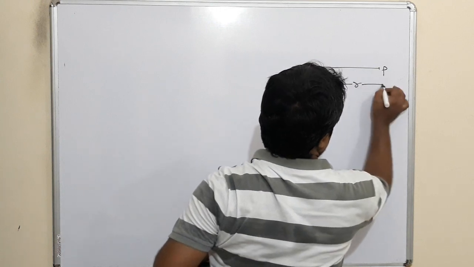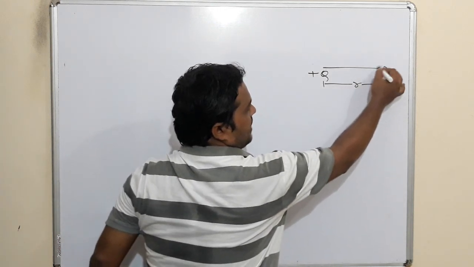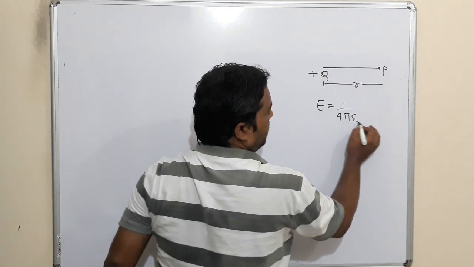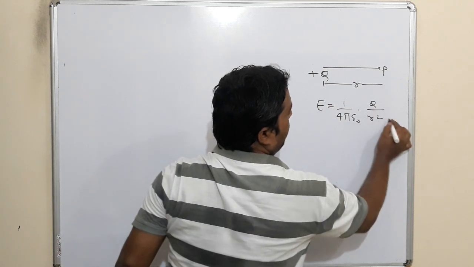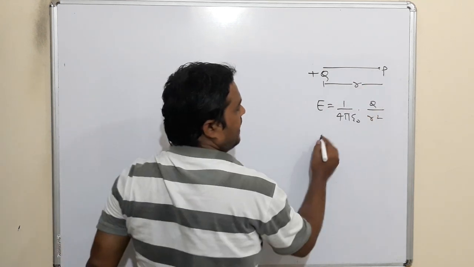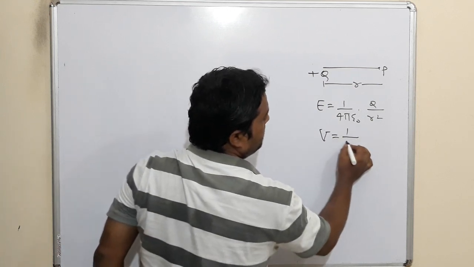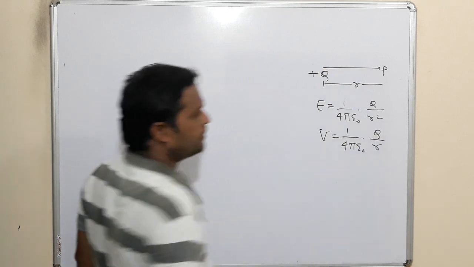This is a distance R. At this point, if I ask you what is electric field, then your answer must be 1 by 4 pi epsilon naught Q by R square. And at the same point if I ask you what is electric potential, then your answer must be 1 by 4 pi epsilon naught Q by R.